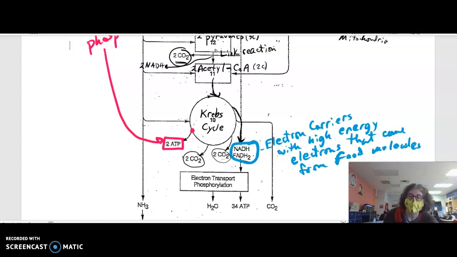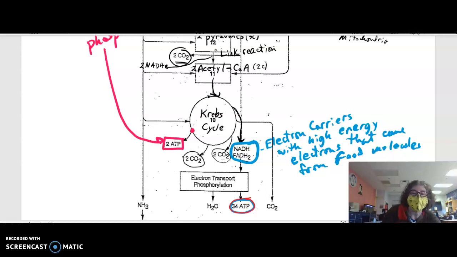So all these organic food molecules from the glucose on down, every time it was broken and broken and broken, the electrons that came from those broken bonds got caught by these guys, NADHs and FADH2s. So now they're loaded with these high energy electrons. They're going to go into the electron transport chain, and they are going to make the most ATP.